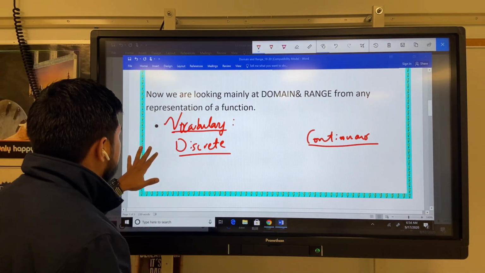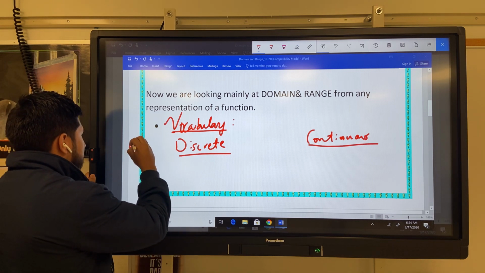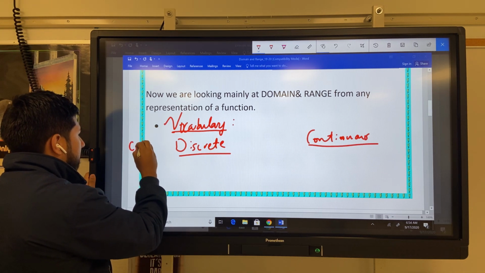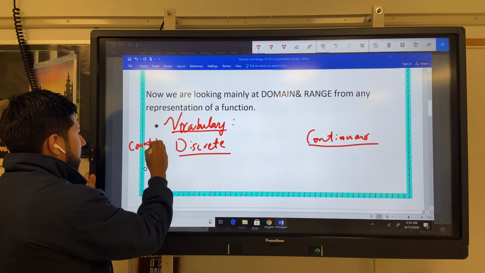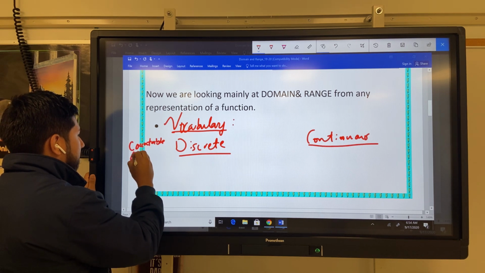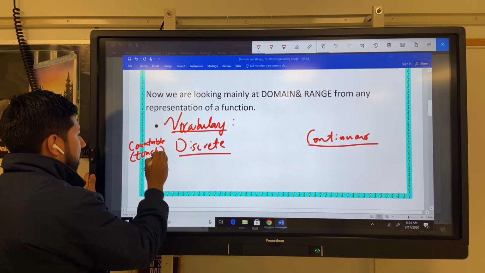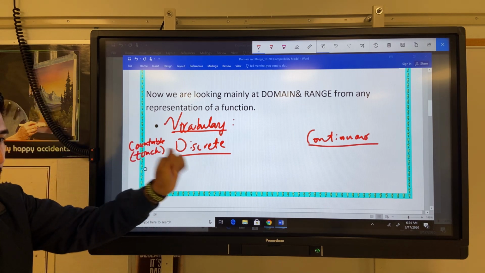If I can count it, which just means it's countable, which also means I could touch it. That means it's discrete.